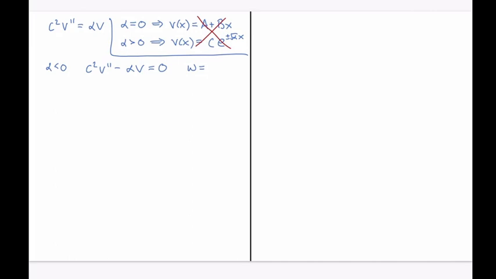And omega is going to be the square root of minus alpha over c. And that gets put into our cosines and sines. So v of x is either cosine of omega x or sine of omega x.